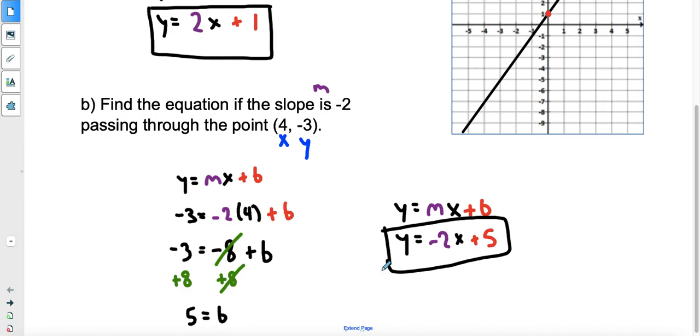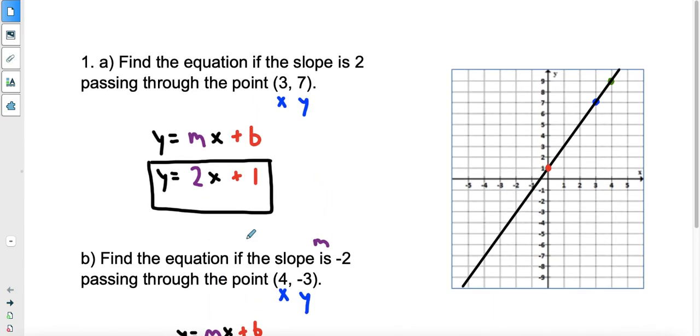So you can use either of these two methods to find the equation of a line. The reason why this second method that I showed you is useful is in cases where it's hard to see the y-intercept from the graph.